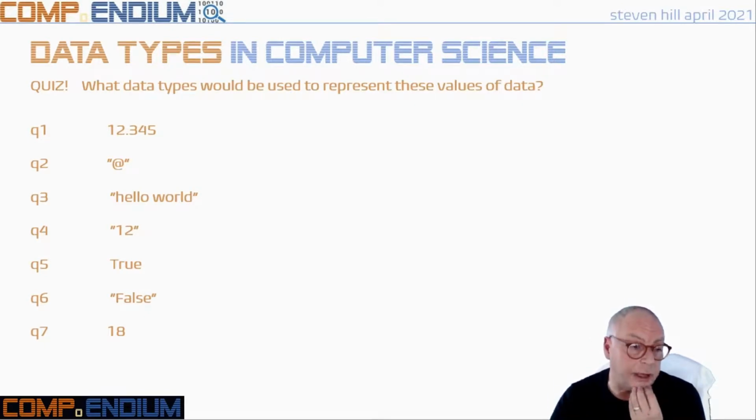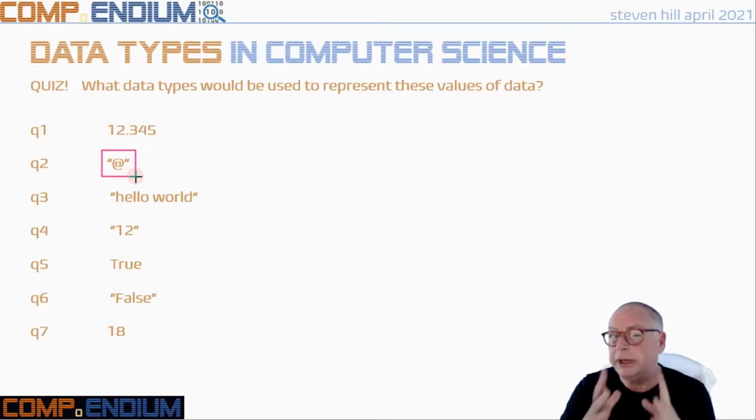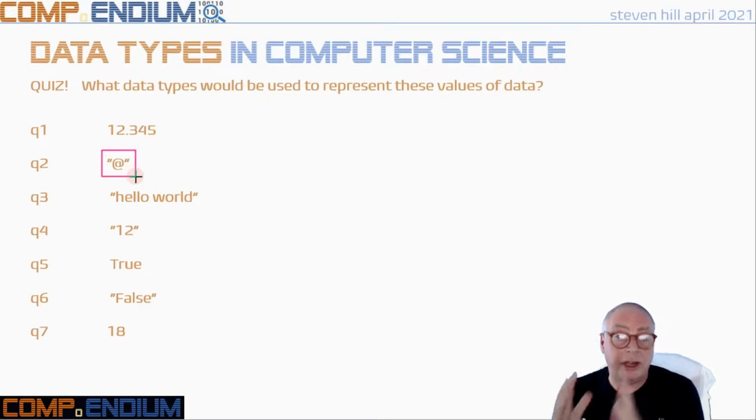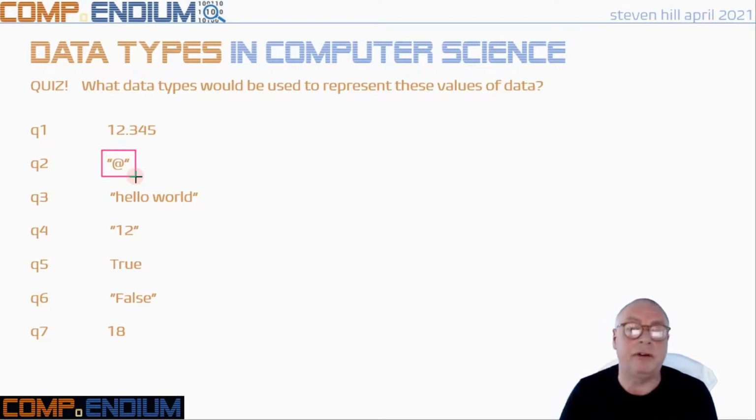So you can see here, I have put the @ symbol in quotes. Now you may know this already because you may have done a little bit of practice, or we may have come across this in the classroom. But in order to make it clear that I want to represent characters or collections of characters as the string data type or char data type, I could put quotes on either side of the item of data.